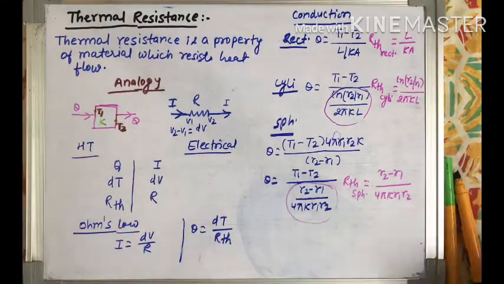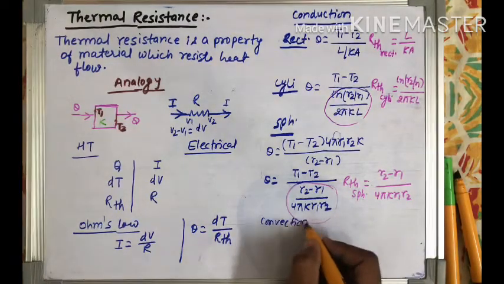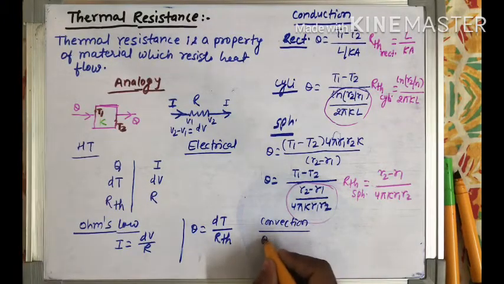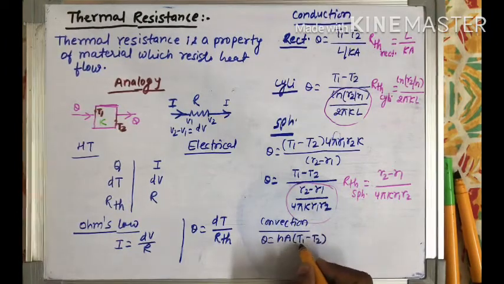Now for the case of convection, what will be the thermal resistance? In the case of convection, as we know, Q is equal to hA (T1 minus T2), higher temperature minus lower temperature.